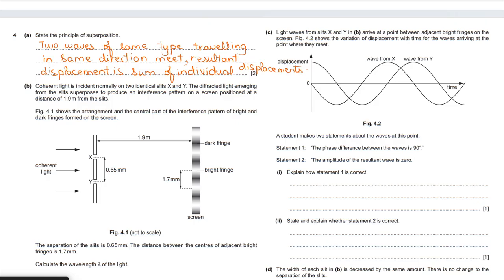Okay, so that was the definition for the principle of superposition.